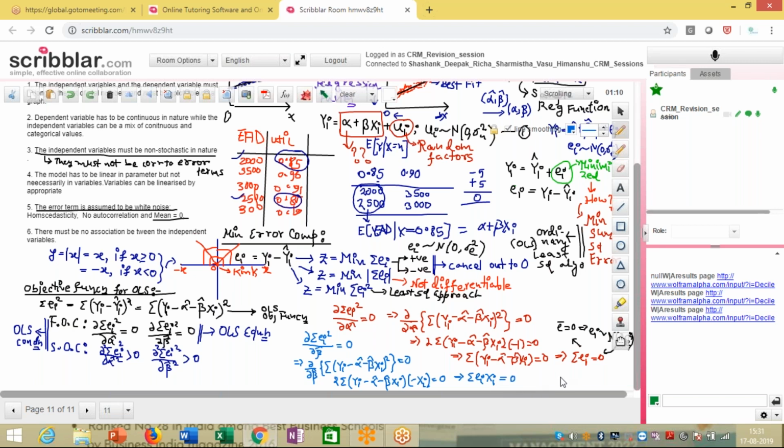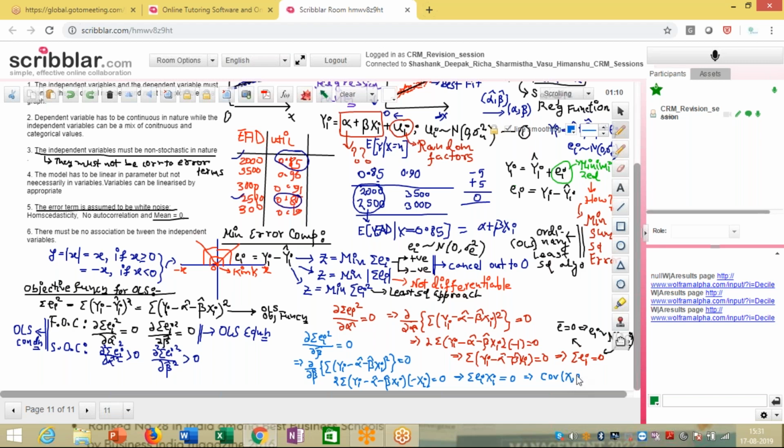Now if you think about this, the covariance between X and E has to be 0.